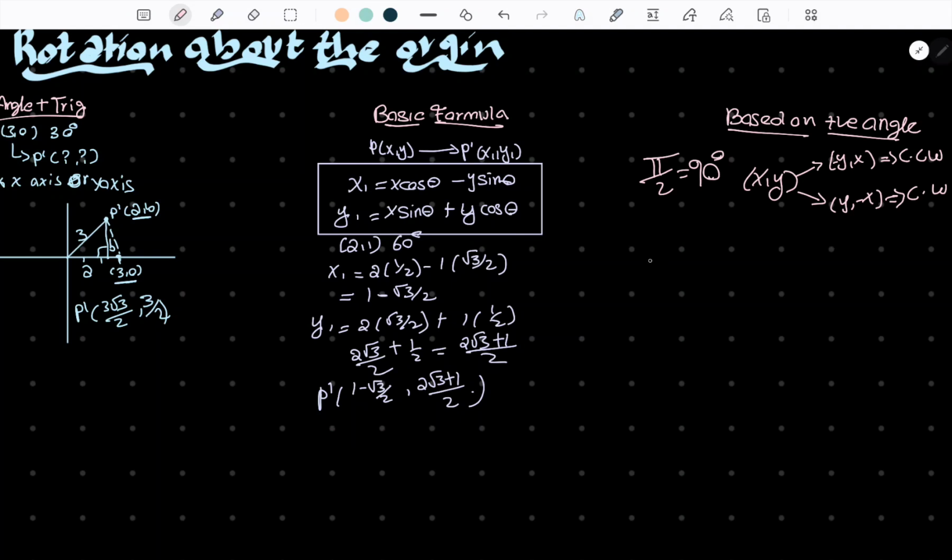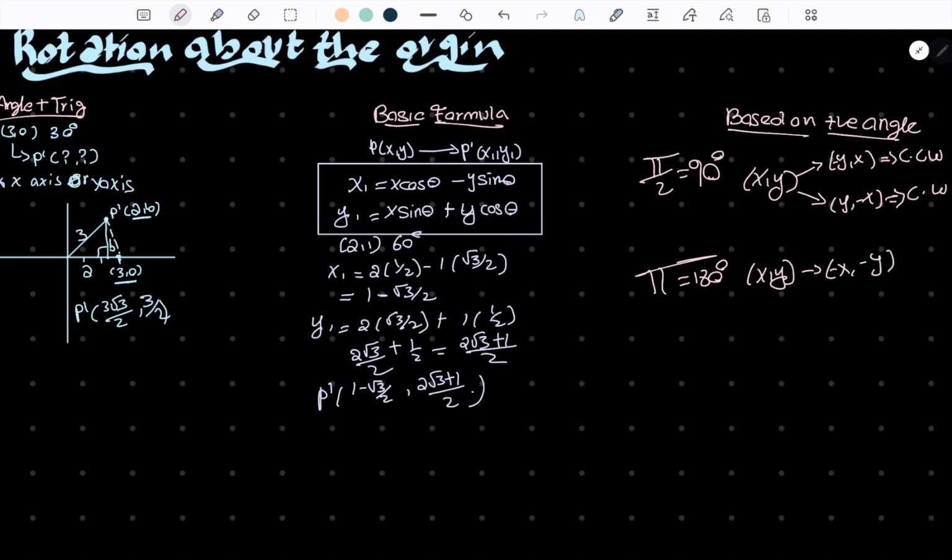So the next one is just when it's pi or 180 degrees. In this case, it's the same for both counterclockwise and clockwise. So x comma y will be turned into negative x, negative y. Nothing really changes.